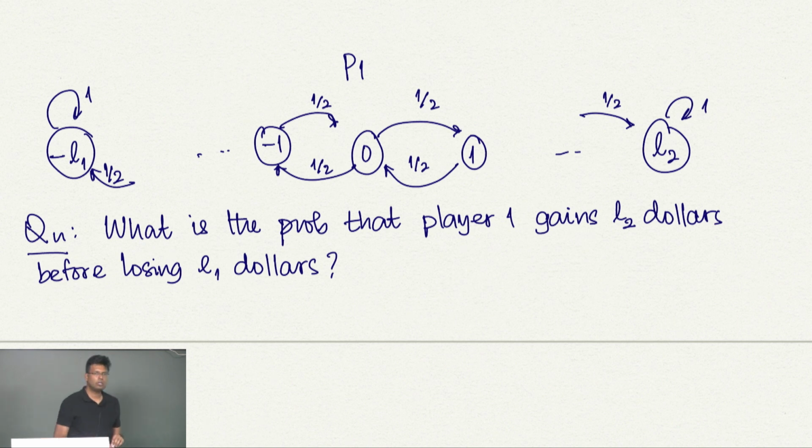The reason I want to look at this is that I want to look at a different way of looking at things, something which you have not seen so far.